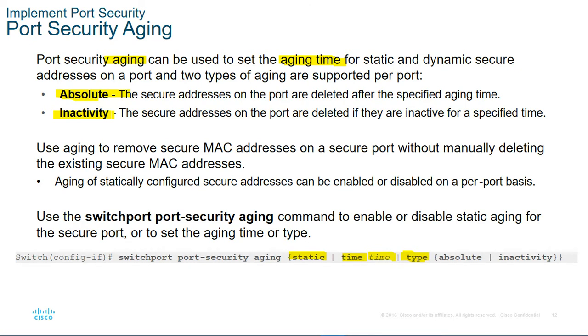If you are not using that interface for 1 day, it will delete that MAC address from that interface. That is inactivity. So the absolute method provides the facility to decide how long you can use that interface. The inactivity method provides the facility that if you are not using the port for a particular period of time, it will delete that.